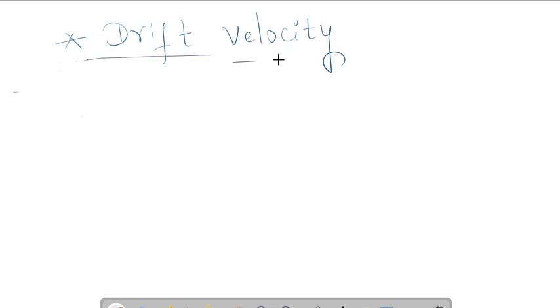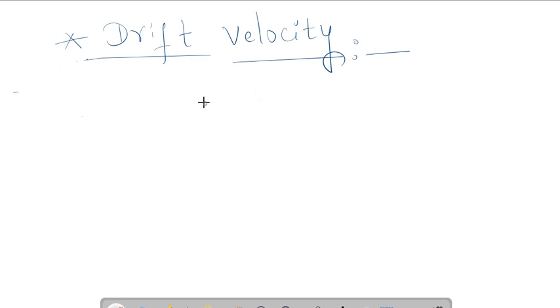Drift velocity is defined as the average velocity with which free electrons in a conductor get drifted in a direction opposite to the direction of the applied electric field.